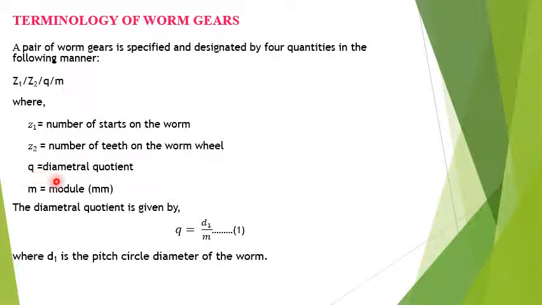Small q refers to the diameter quotient, which is given by the pitch circle diameter of the worm divided by the module, where m is the module. So this is how the worm gear is designated by these four quantities.